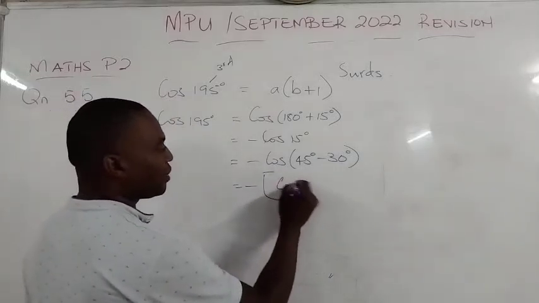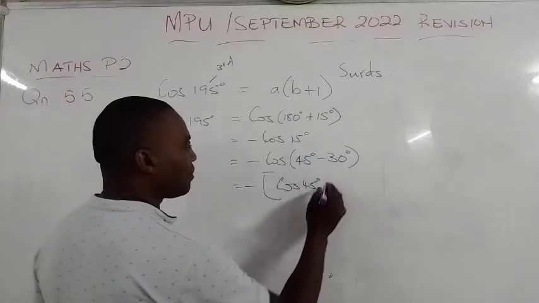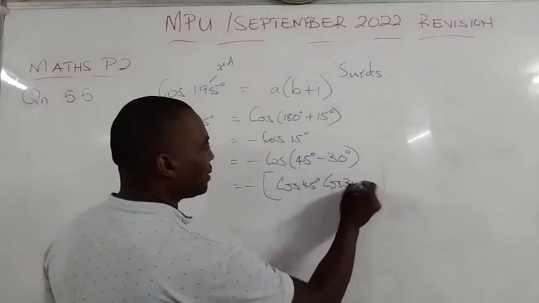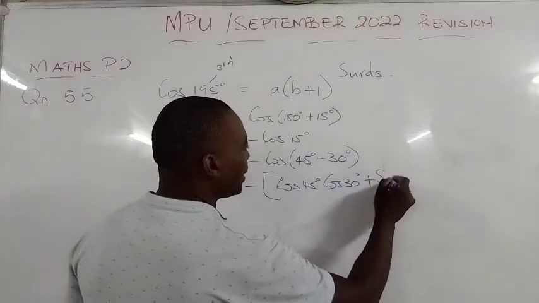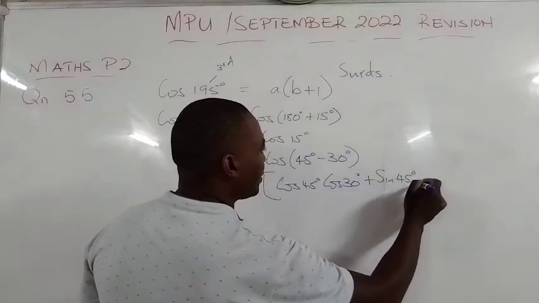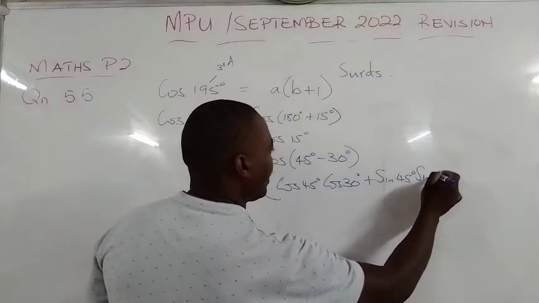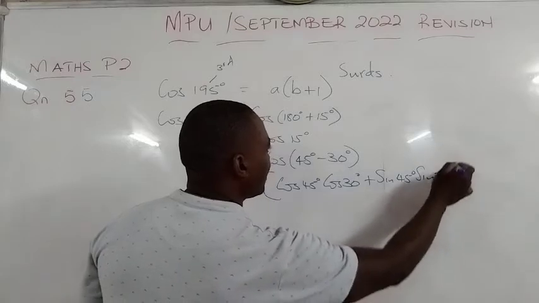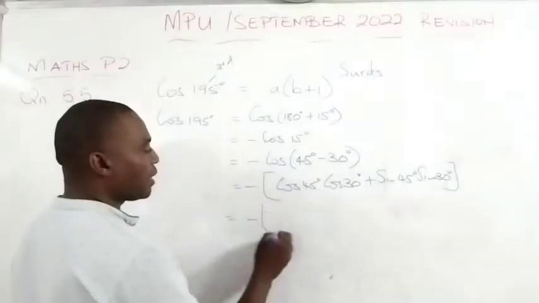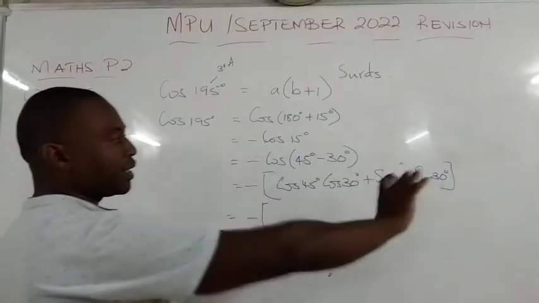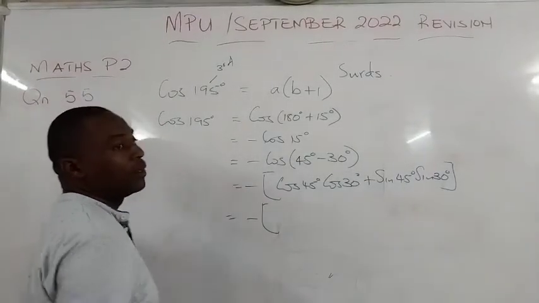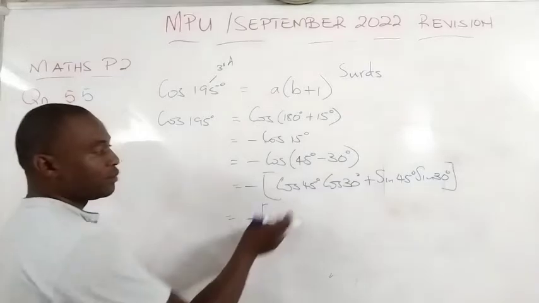That is cos 45 degrees, cos 30 degrees, plus sine 45 degrees, sine 30 degrees. Remember, the negative will still affect everything, so be very careful on how you treat this negative.